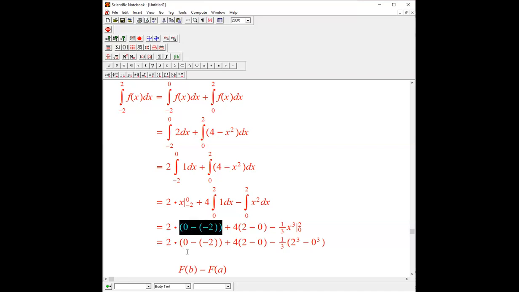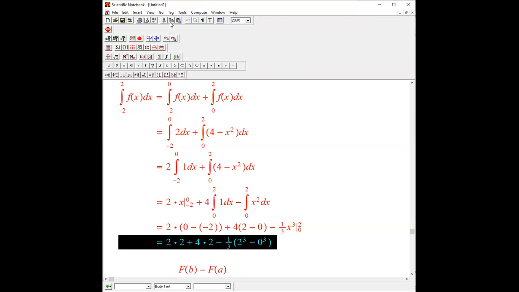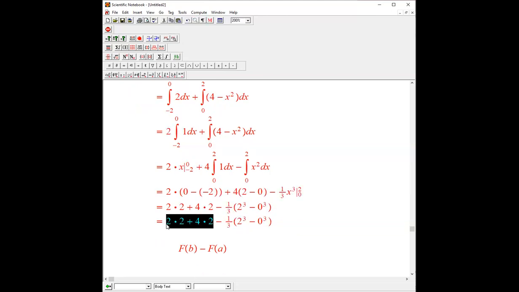So here you can already simplify, that's going to be 2, right? And this piece is just going to be 2. And last but not least, you have 4 plus 8, that's 12, subtracting 1/3 times 8. That's an 8. Then you just do some reduction.